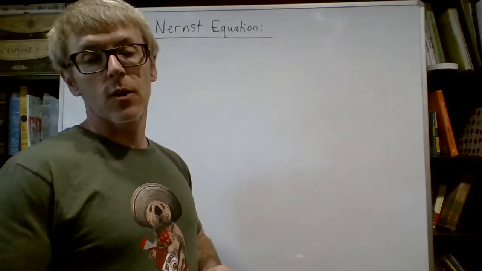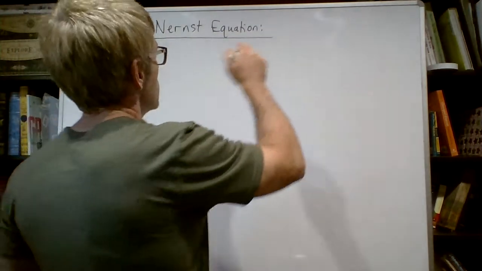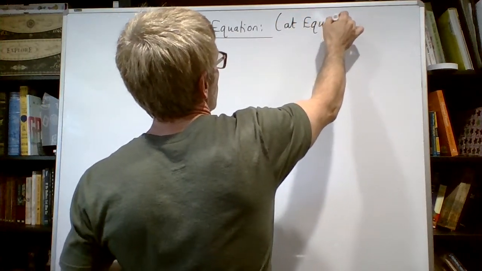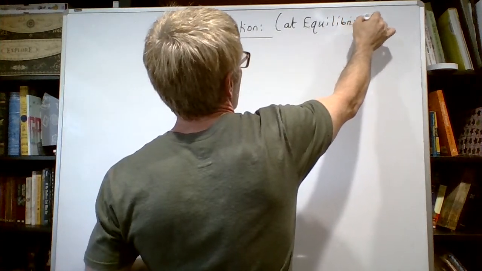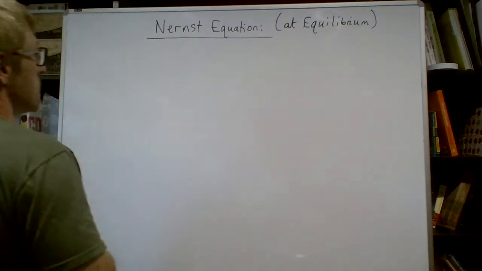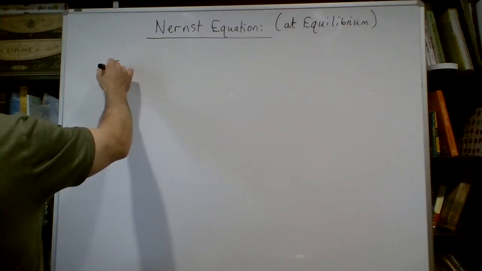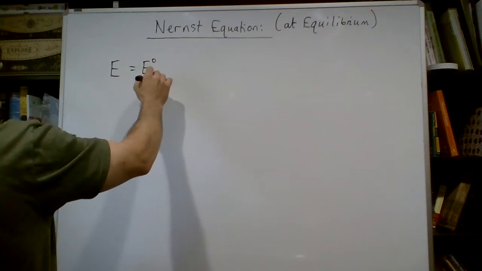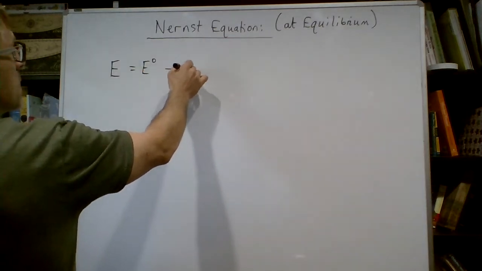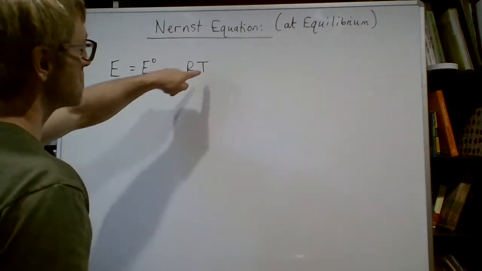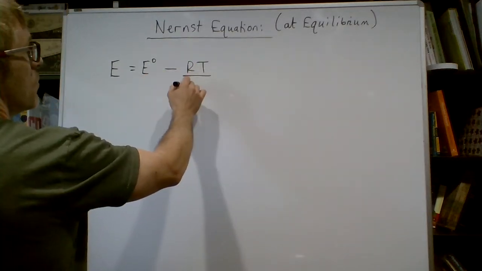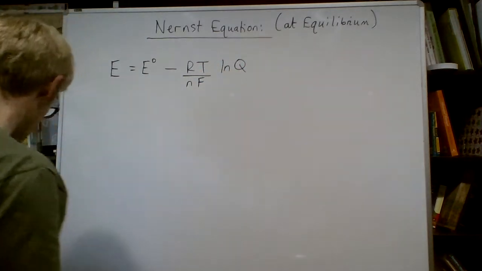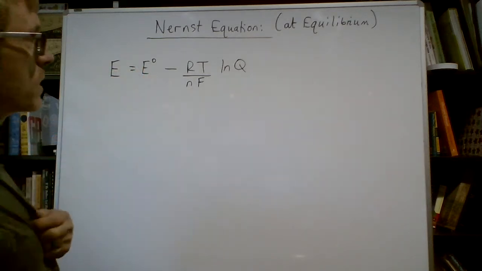How about we look at the Nernst equation at equilibrium? Let's start off with the Nernst equation. So the voltage under non-standard conditions is the voltage under standard conditions, minus RT, the ideal gas constant, temperature, over moles, Faraday's constant, log the reaction quotient. So this is the Nernst equation.